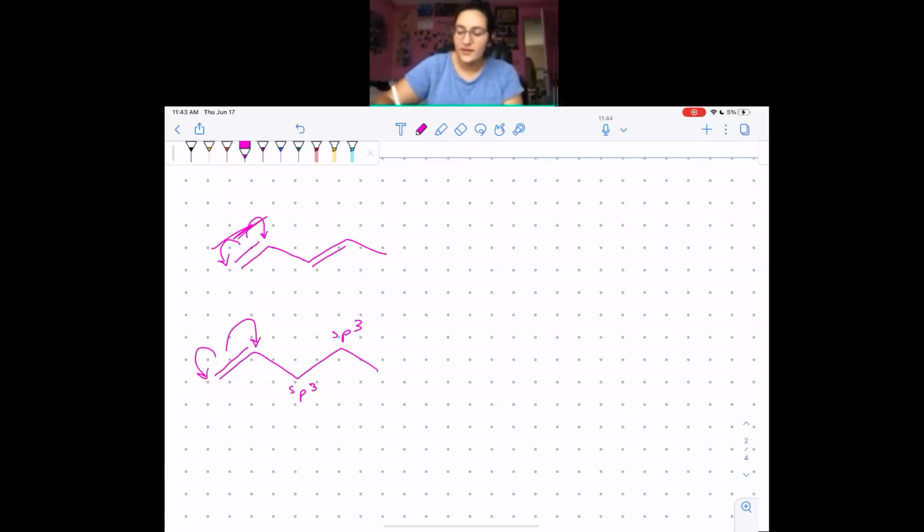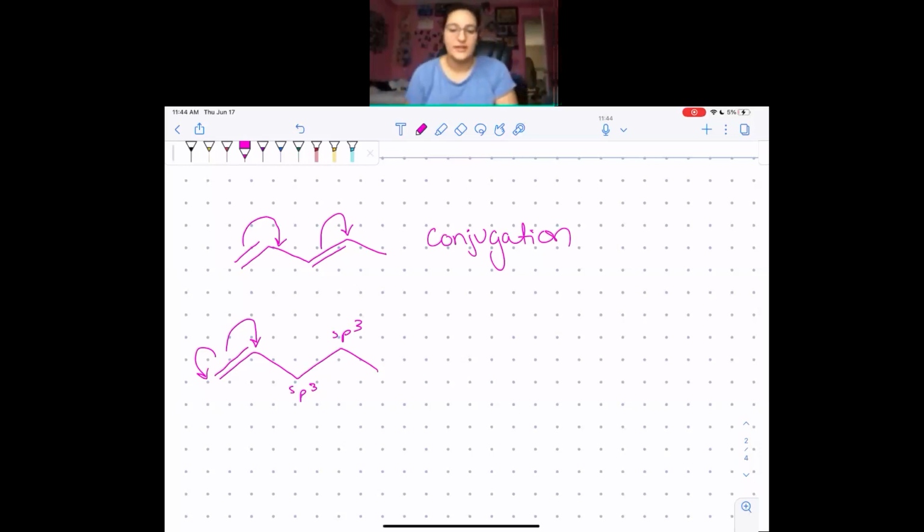However, if we have two double bonds with a single bond in between, you can move these electrons here, and you can move these electrons here, because all of these are sp2. So this is what we call conjugation.